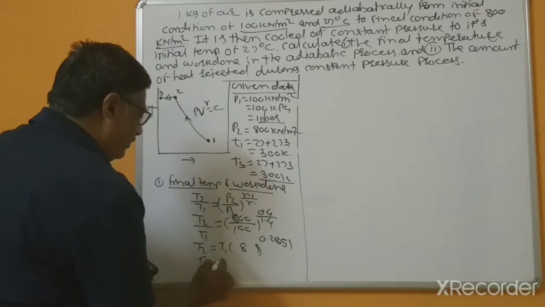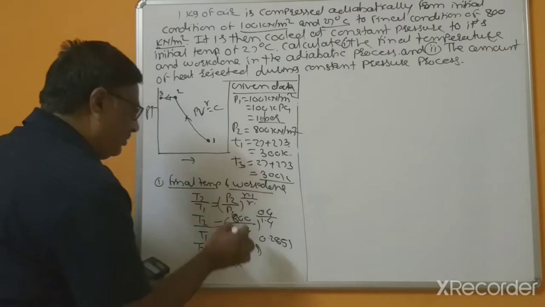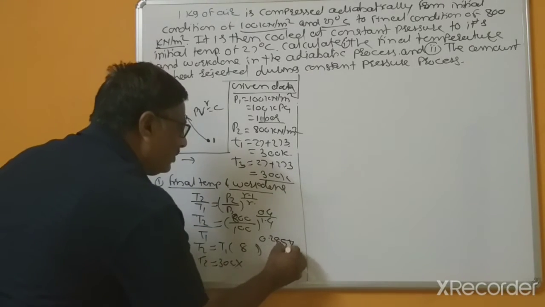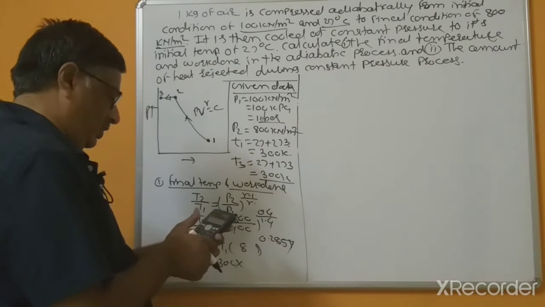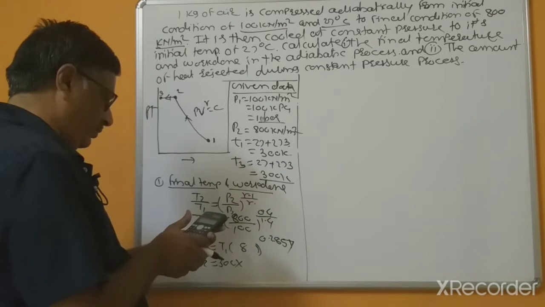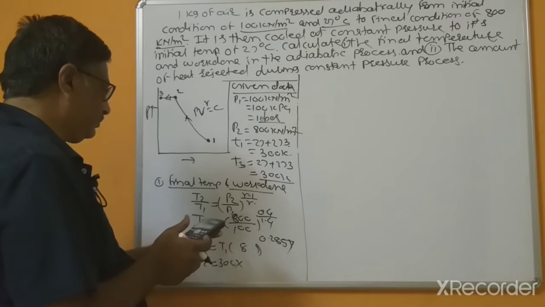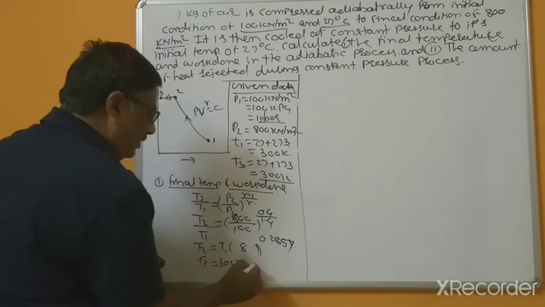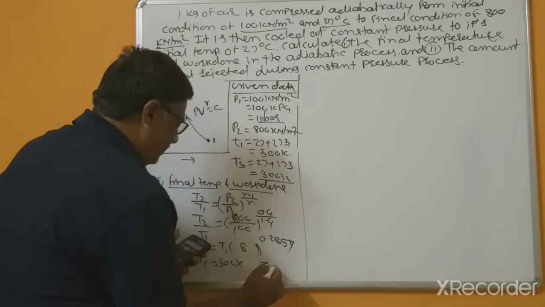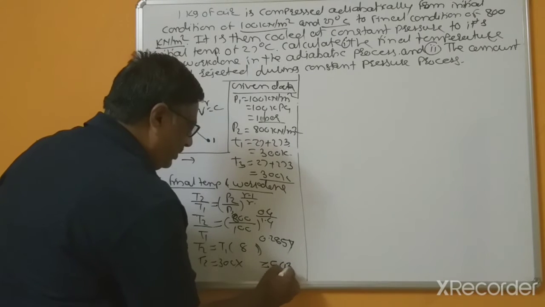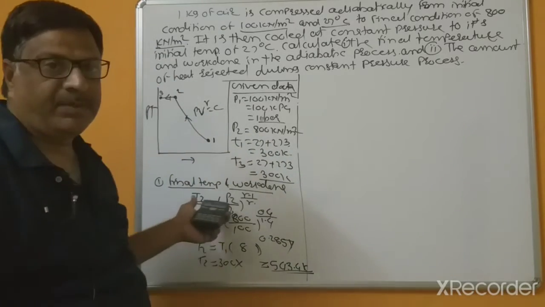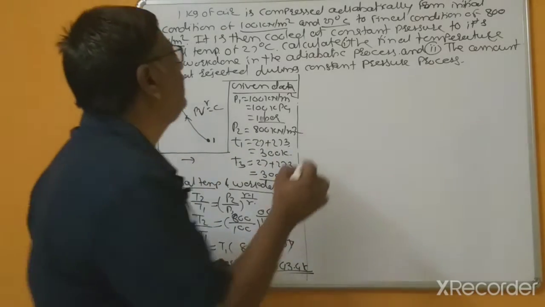So T2 equals 300 multiplied by 8 raised to 0.2857, which is 543.4 Kelvin. Now this is the final temperature, T2.